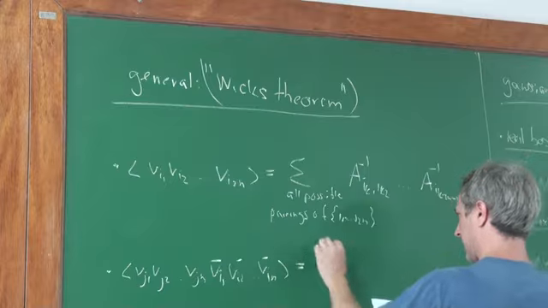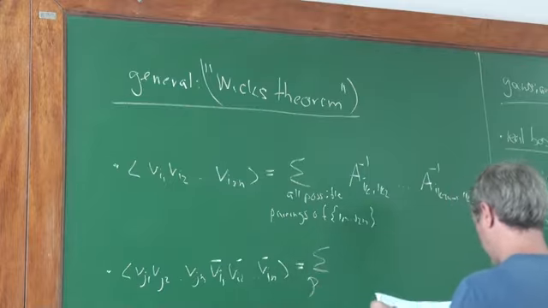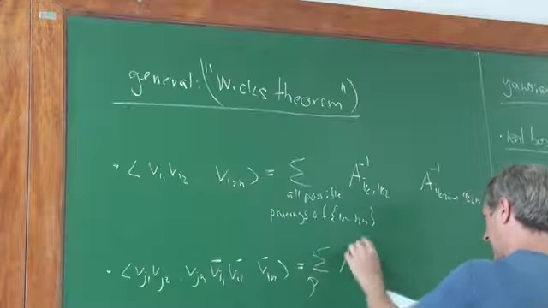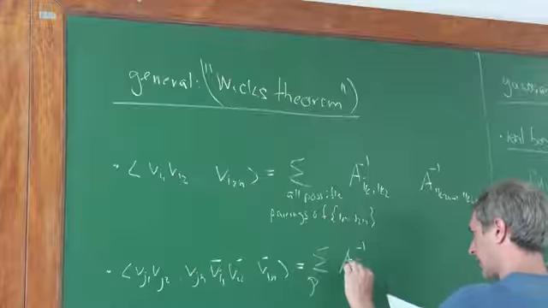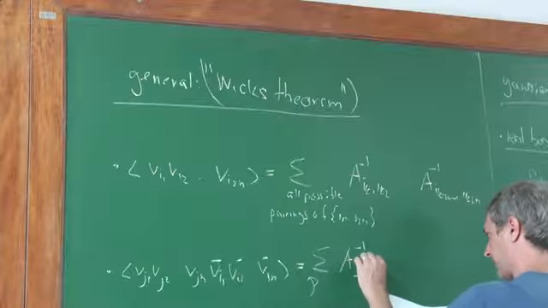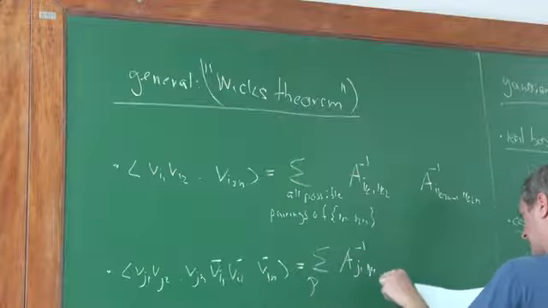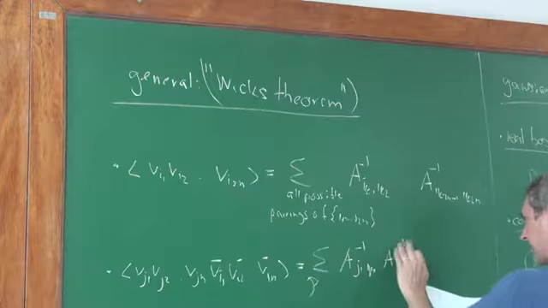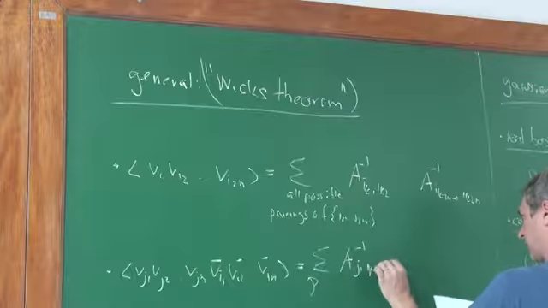Okay, so what you get is the sum of all permutations. And then you get, again, a product of n terms, which are matrix elements of this inverse operator.